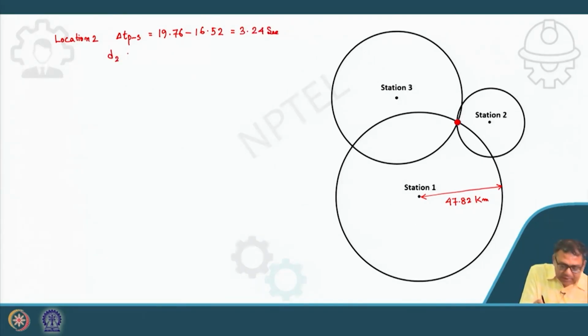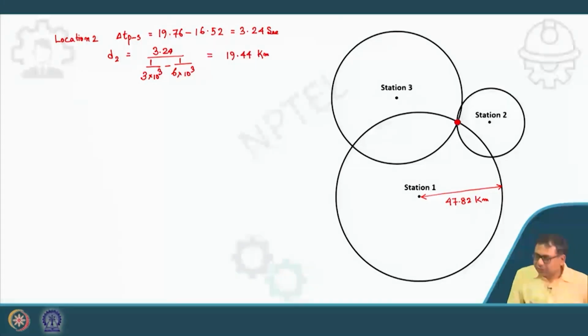Similarly, D2 I can calculate: 3.24 divided by 1 by 3 into 10 to the power 3 minus 1 by 6 into 10 to the power 3. Okay. So that will give me 19.44 kilometers. So D2, that distance, is equal to 19.44 kilometers, the circle at station 2.